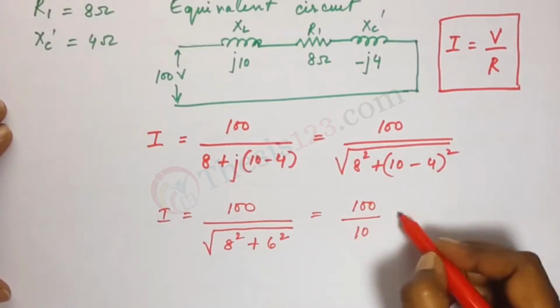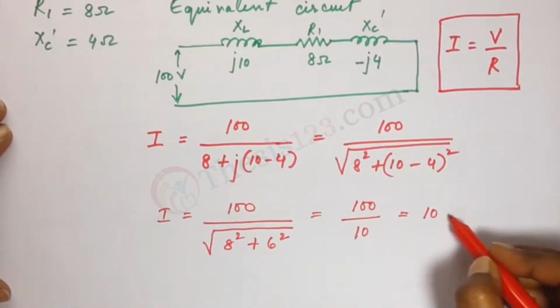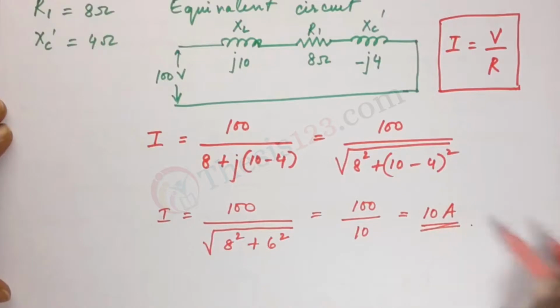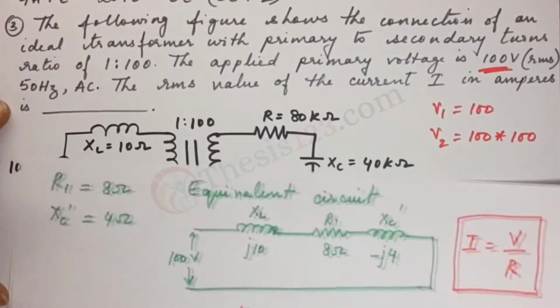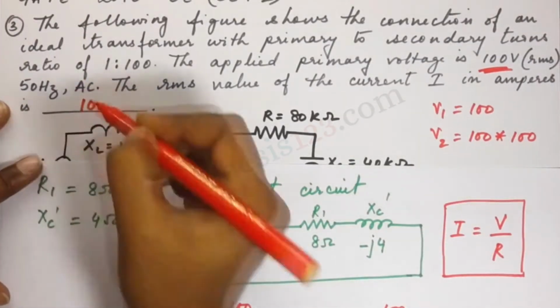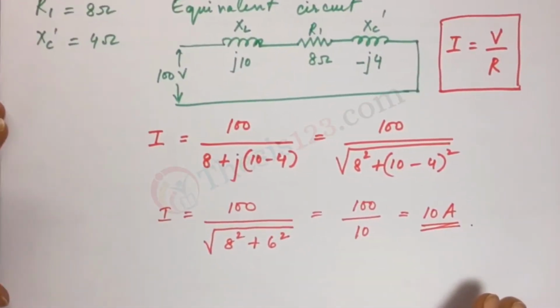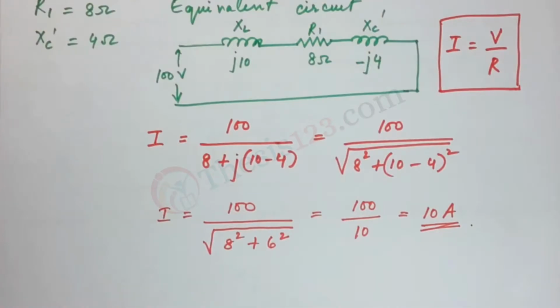That's 100 by 10, which gives us 10. So 10 amps is the RMS value of the current. That's our final answer here. I hope this has helped.